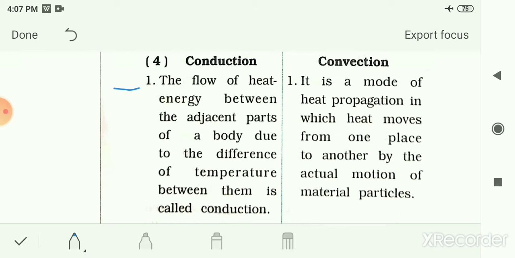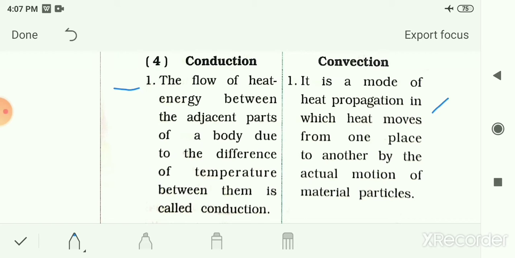The transfer of heat energy between two adjacent, that means nearby, parts of the body due to the difference of temperature between these two parts is known as conduction. When there is a difference of temperature between two nearby parts of the body, then heat transfer takes place between these two parts, and this heat transfer is known as conduction.